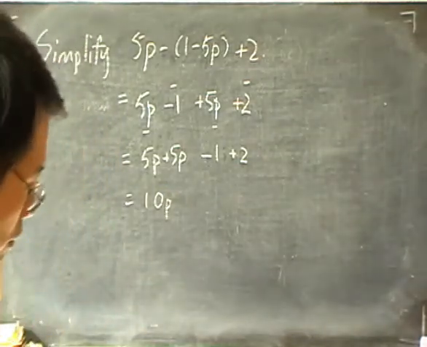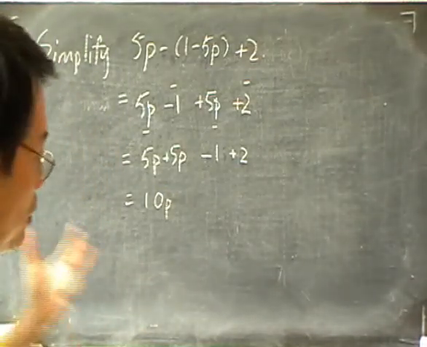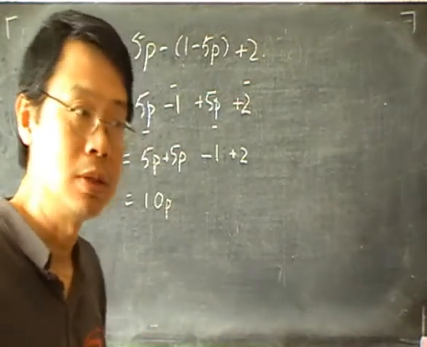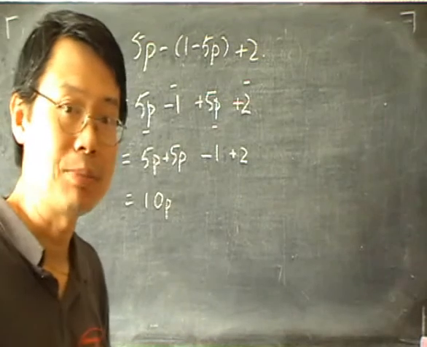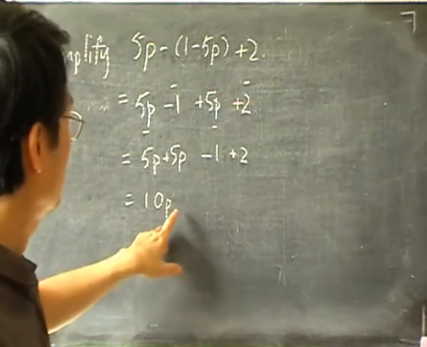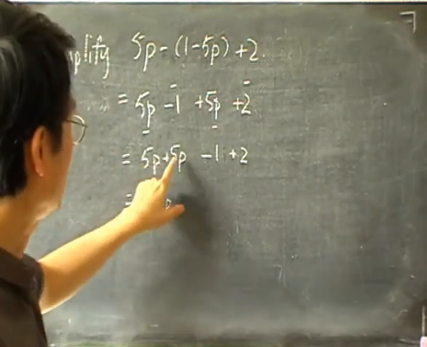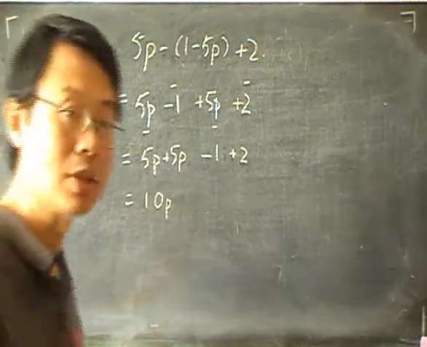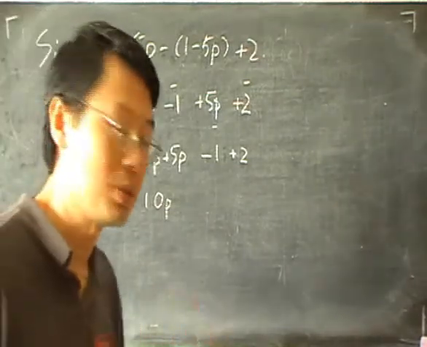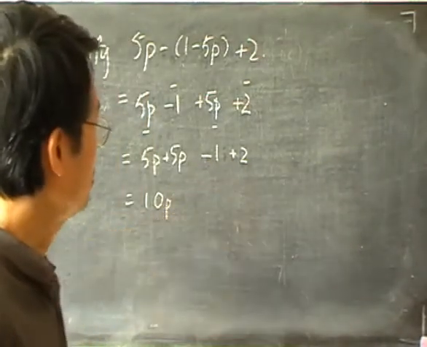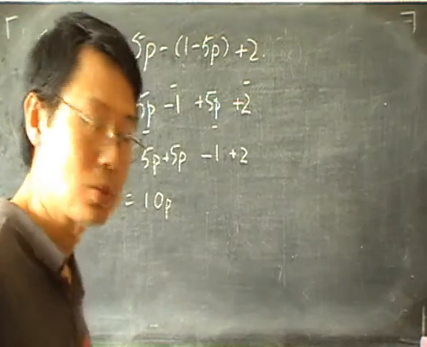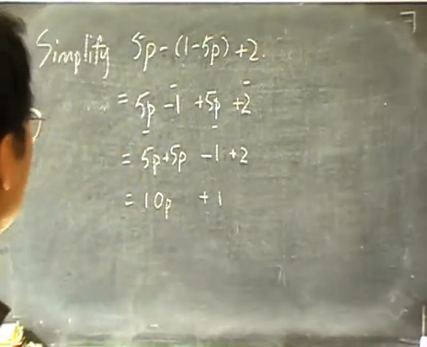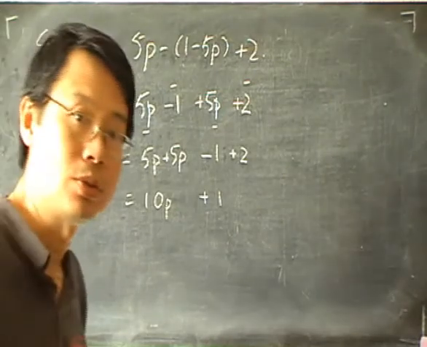I like to think of 5p plus 5p like 5 apples plus 5 apples. It's just 10 apples. Okay, so that explains why I can just add the 5 to the 5 to get a 10, even though there is a p there. That's one way to think about it. Minus 1 plus 2 is the same as 2 minus 1, which is 1. Plus 1, that's the answer. 10p plus 1, and that's the answer to this question.